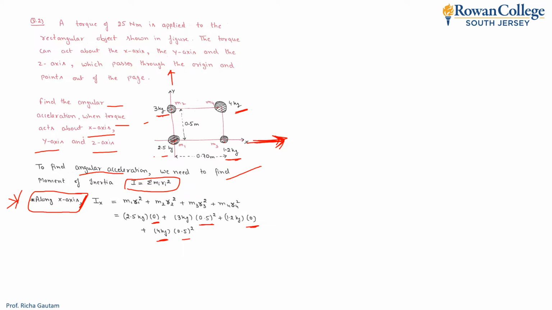This is what you need to check in these types of questions, your distances from the axis of rotation. Just do the calculation and you will get Ix, the moment of inertia along the x-axis, is 1.75 kilogram meter squared. Kilogram is for the mass and meter squared is for the square of the distance.